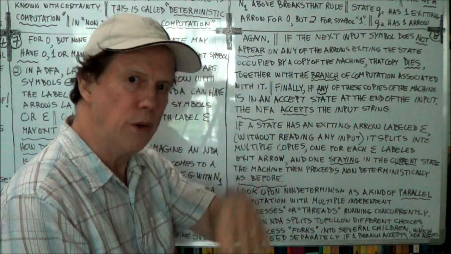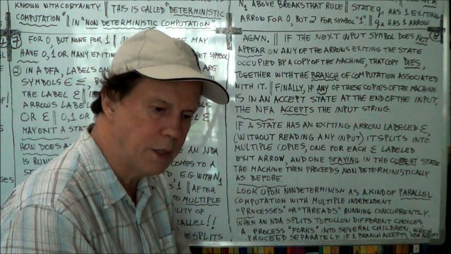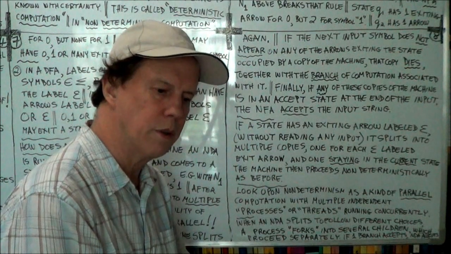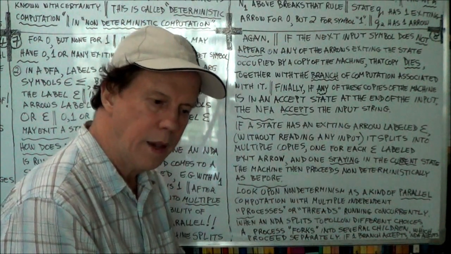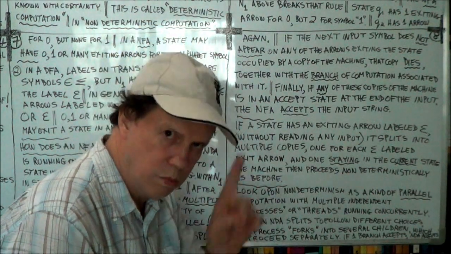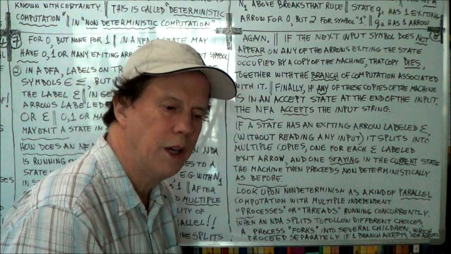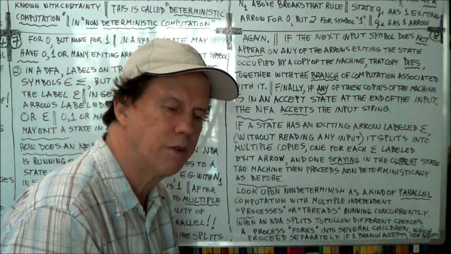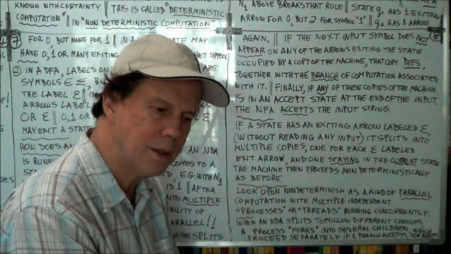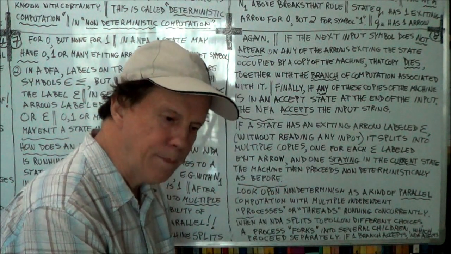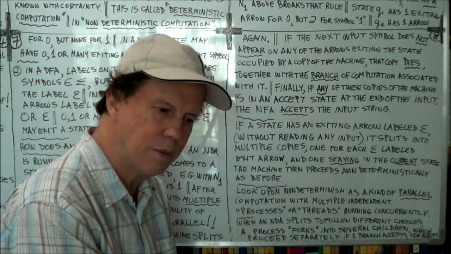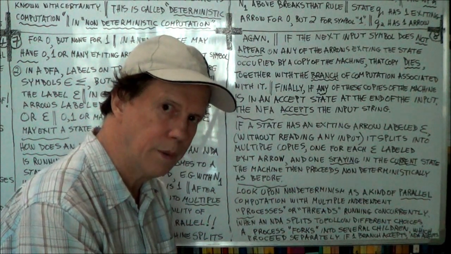Imagine you're at a node in your state diagram, corresponding to your current state, and you look at the input symbol, and there is no exiting arrow from your state whose label is equal to the input symbol.